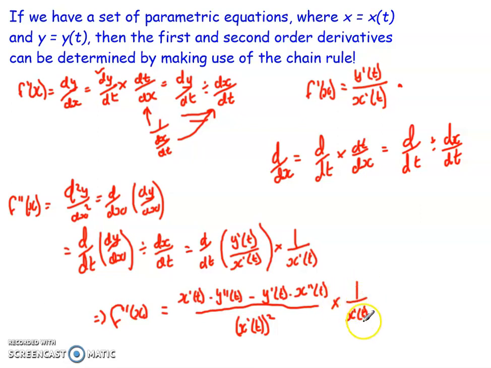Now, because I've got 1 over the derivative of x and I'm multiplying it through, what I can actually do is make that slightly more straightforward by writing the bottom as a cubic.